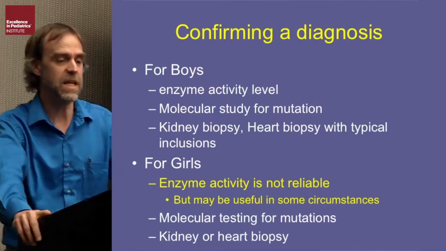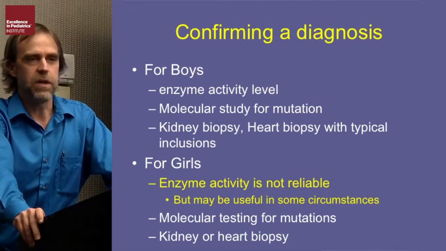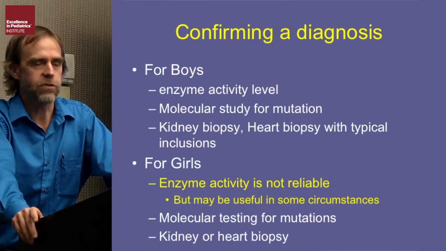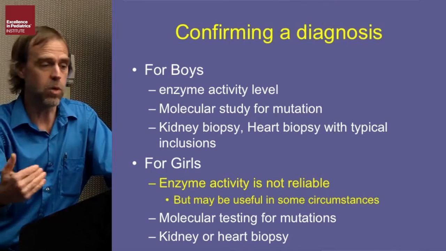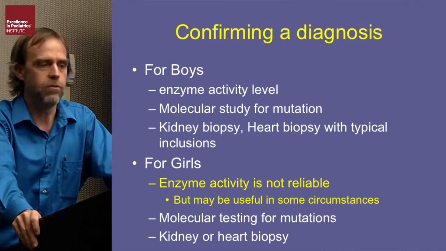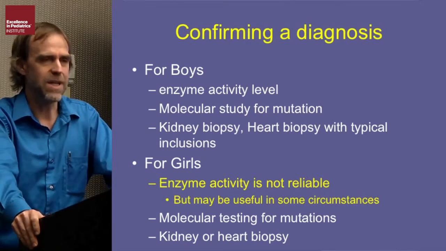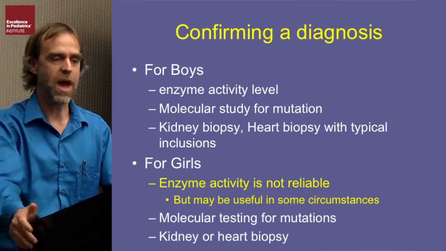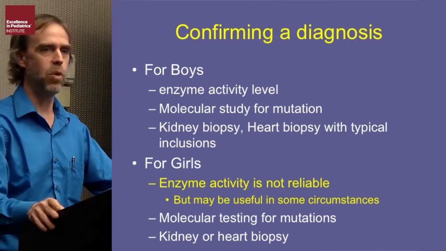Now, Fabry disease is a fairly rare disorder. The classical form of Fabry disease, which is what you're worried about in children, is only about 1 in 40,000. But it does tend to cluster, so if you have one family, you're likely to have more than one patient.